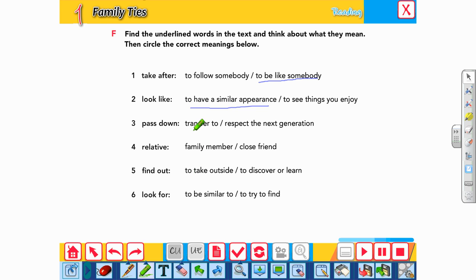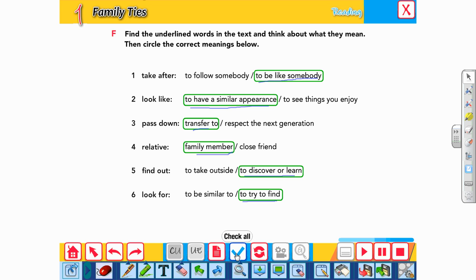It means to transfer to a relative, a family member. Find out, to take outside or to discover and learn? To discover and learn. Look for, to be similar to or try to find? To try to find.